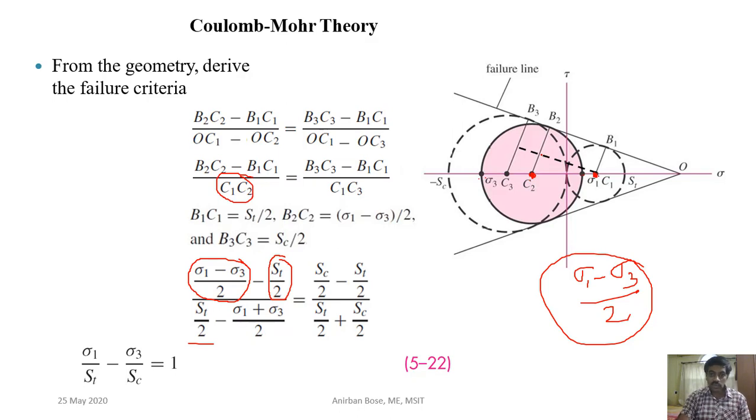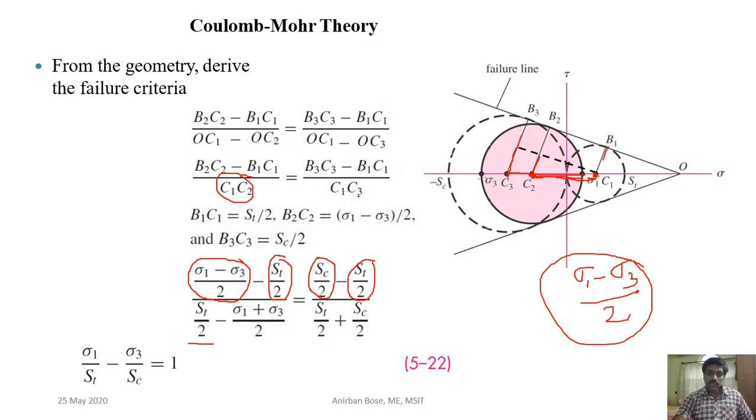So this ratio, that means this divided by this, will be equal to this divided by this, because they are similar triangles. So this radius is SC by 2 minus ST by 2, because this minus this.